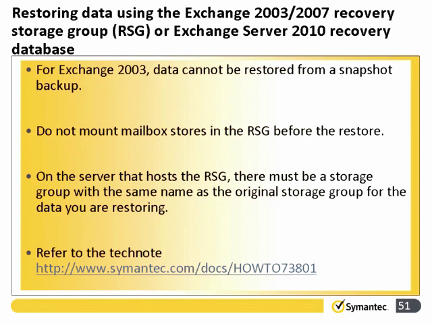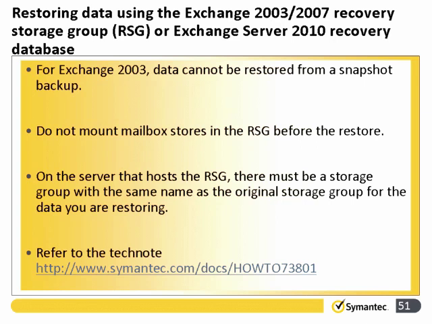For Exchange 2003 and Exchange 2007, using a recovery storage group, or Exchange 2010 using a recovery database, these Exchange 2003 cannot be restored from a snapshot. You do not want to mount the mailbox stores before the restore.